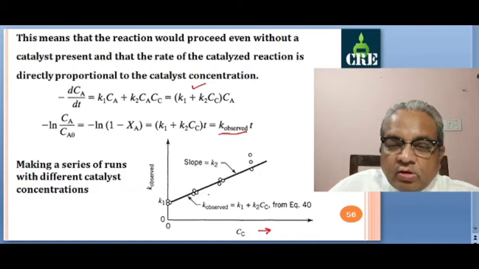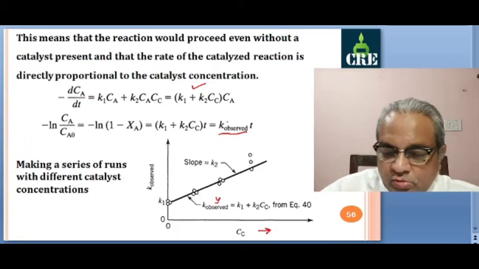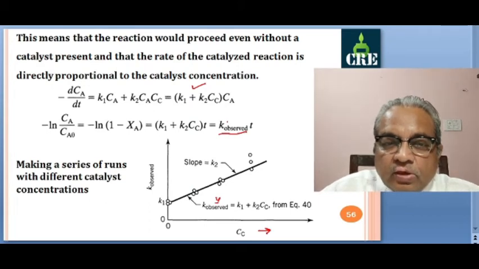K observed is on the y axis, the y intercept c is K1, and m, the slope, is K2, with Cc plotted on the x axis. So you get K1 and K2 both. You can analyze the homogeneous catalyzed reactions in this way.